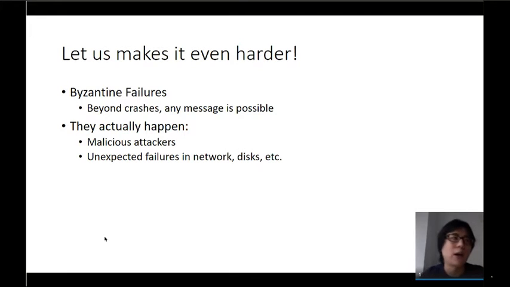Or it could happen with some unexpected failures in network and disks, because these components are not always behaving like what they say they're going to do, like the spec, because there could be many human bugs there.